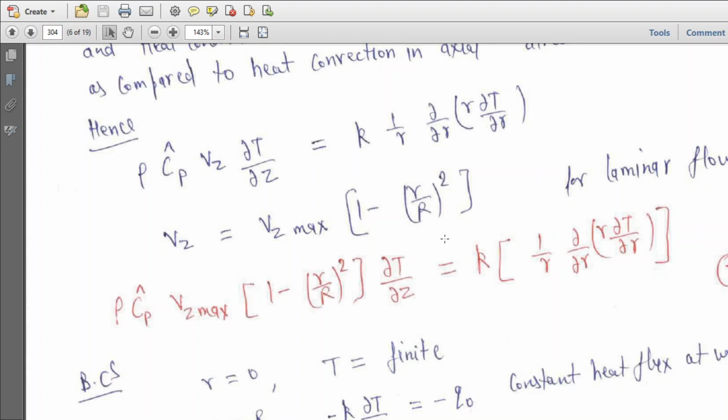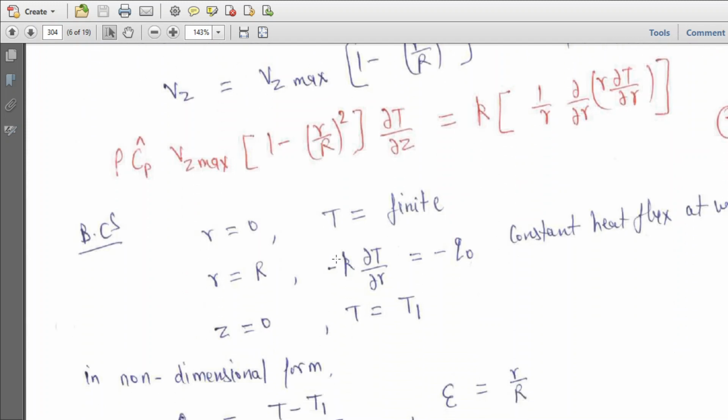This is the main equation which needs to be solved. Now, what boundary conditions do we have?